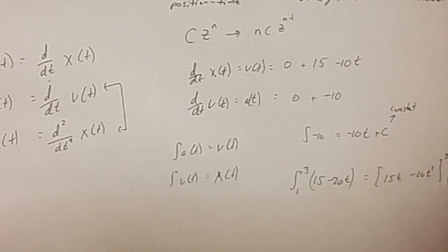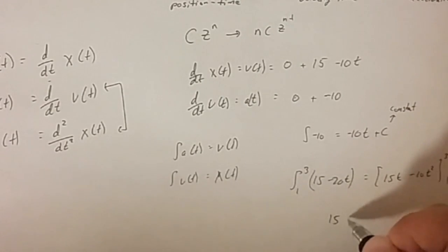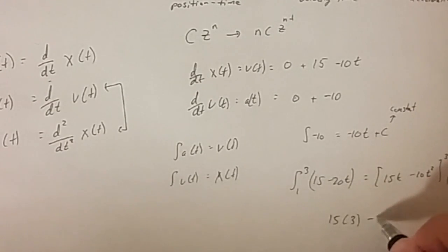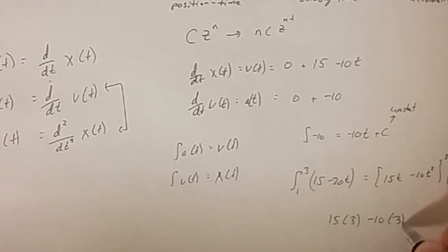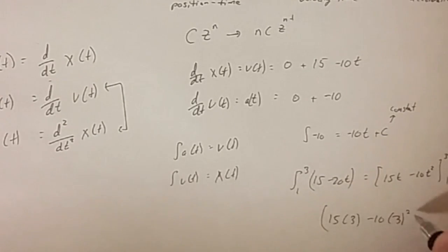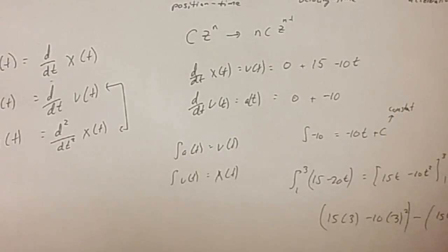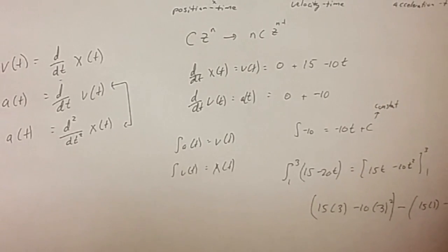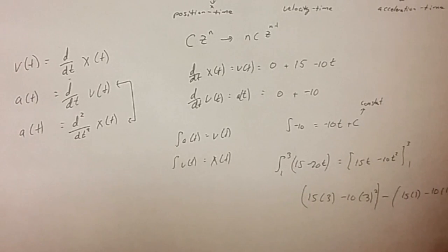Then you take it on the bounds from 1 to 3, which means that you plug the 3 in where the t is, and then you plug a 1 in where the t is, and you subtract those functions. So it'll be 15 times 3 minus 10 times 3 squared, minus 15 times 1 minus 10 times 1 squared.